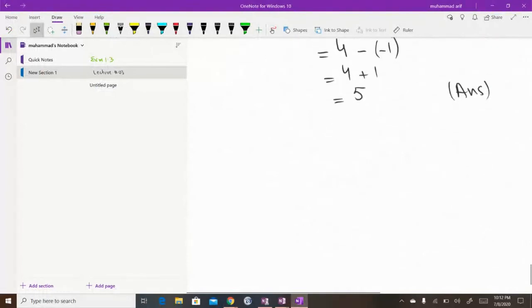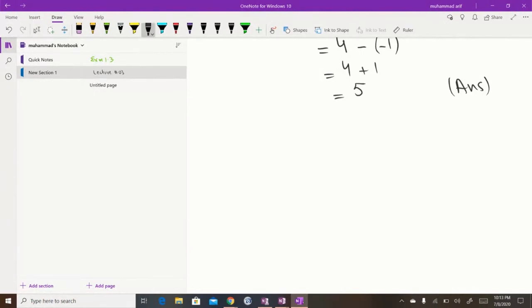The next question is question number 5, part number 4. Part number 3, do it yourself. Here we solve part number 4, because part number 4 and part number 3 are the same. Here we have z equal to (4 minus 3 iota) divided by (2 plus 4 iota).